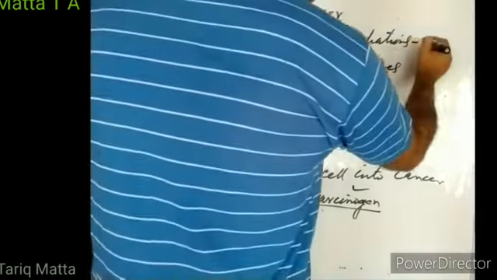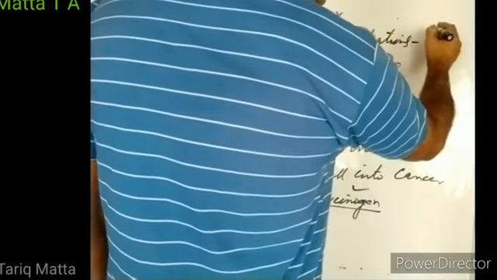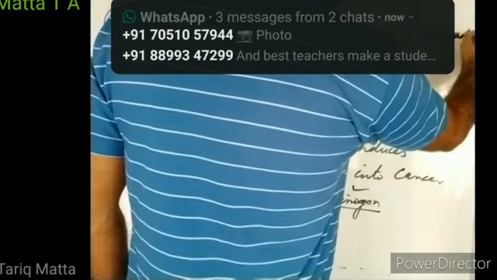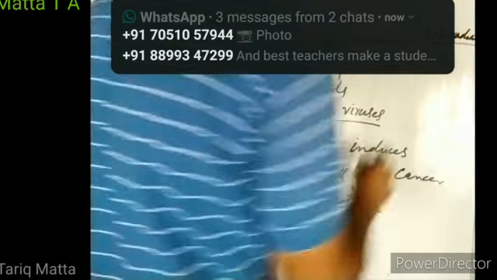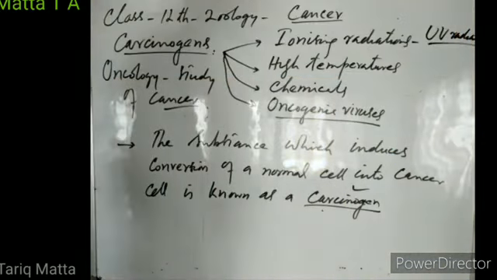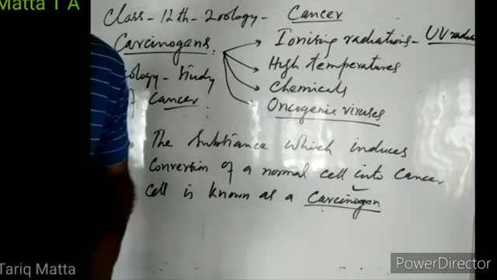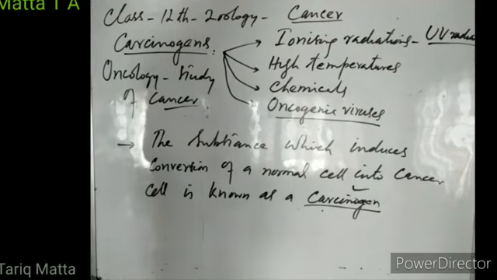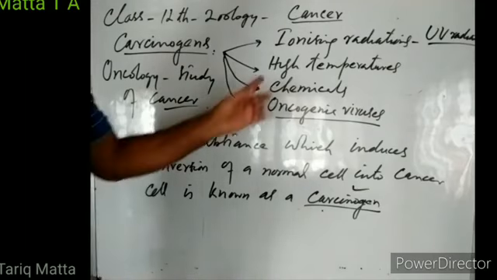So skin cancers are mostly caused due to UV radiation, ultraviolet radiation, right? Similarly, some ionizing radiations may also cause cancers. Alpha rays, gamma rays may also cause cancers.